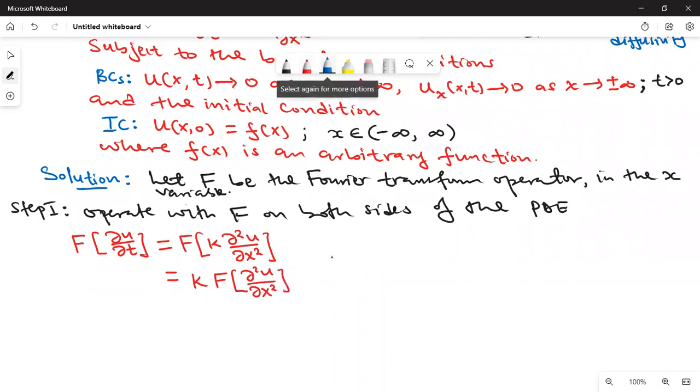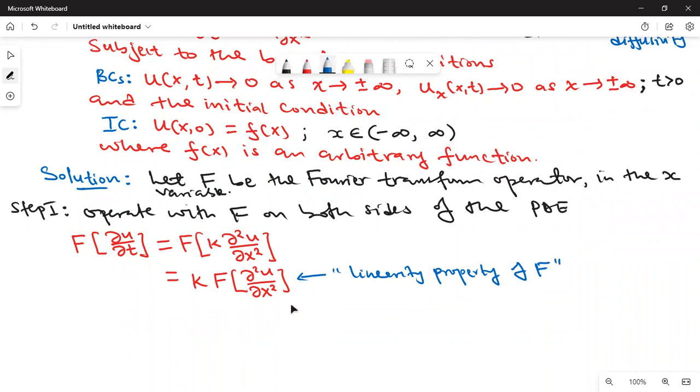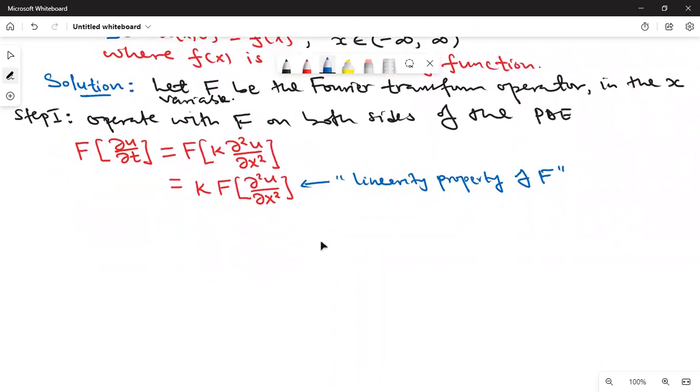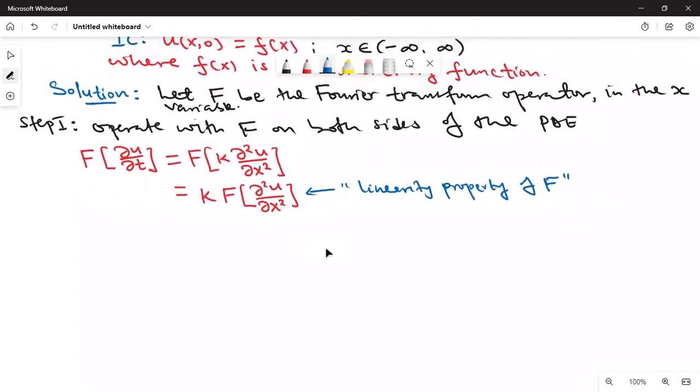What I have used here is the linearity property of the F operator. So, because we are treating the variable t as a constant and only operating on the variable x, our transform of the derivative with respect to t will be this one.